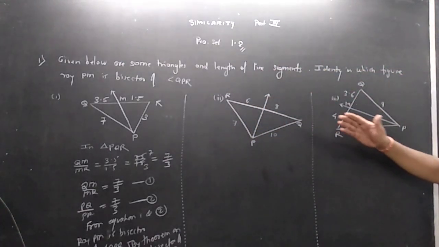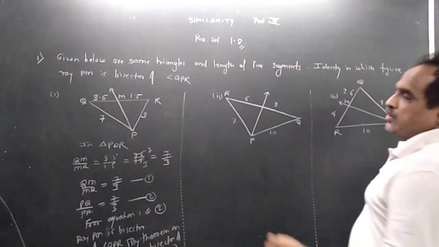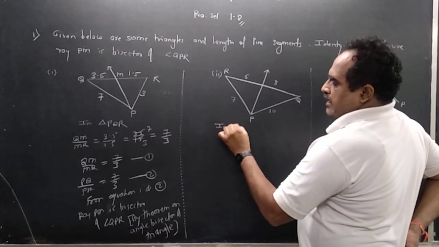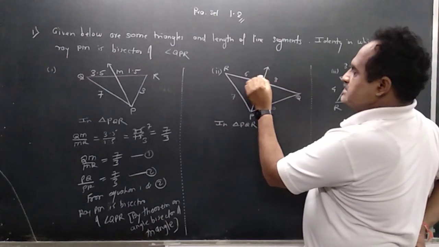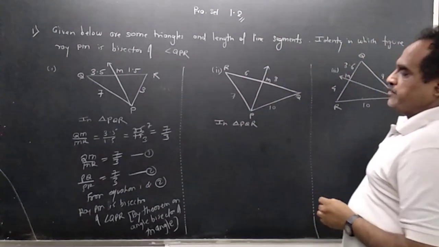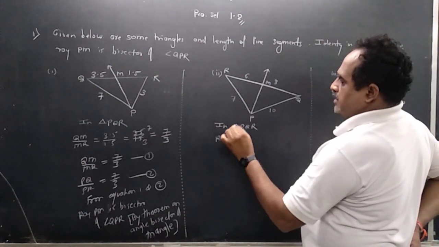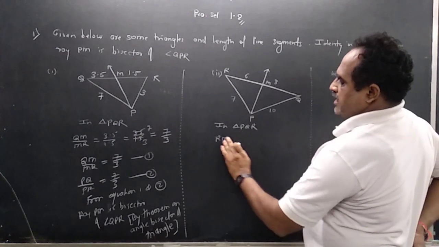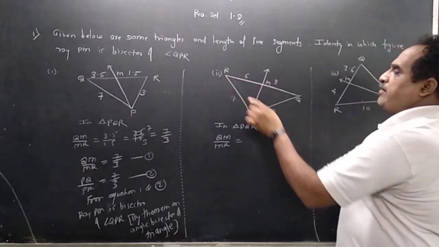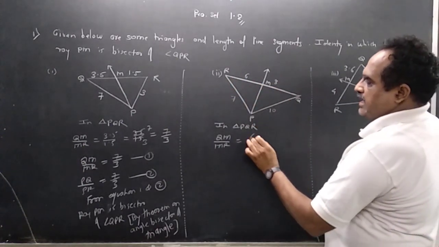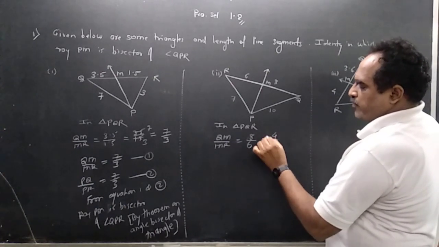Same way, see question number 2. They are given the values. So again you are going to write, in triangle PQR, what is the value of QM upon MR? QM upon MR is nothing but 8 by 6, that is nothing but 4 upon 3.